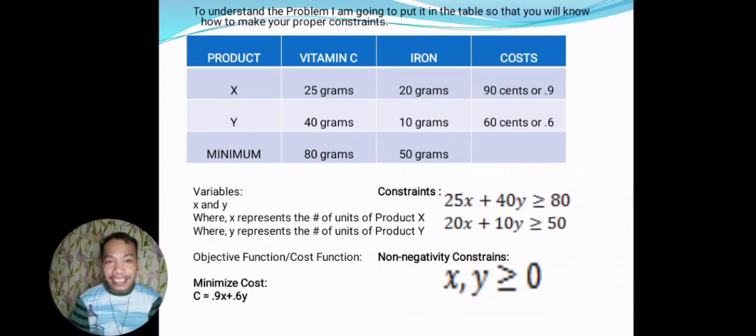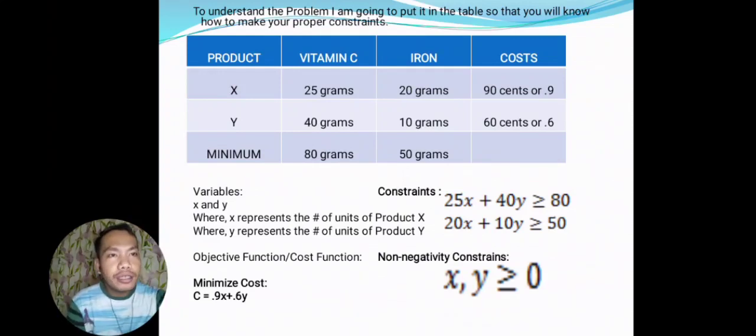Now let's find the variables. Any variables that you want, but the ones I chose are x and y, where x represents the number of units of product x, and y represents the number of units of product y. Now, we will construct our minimized cost or our objective function or cost function.